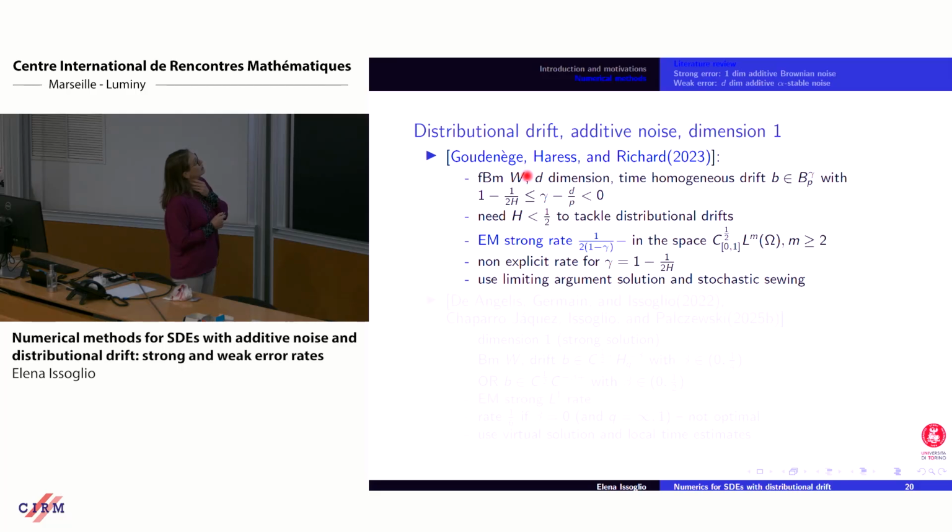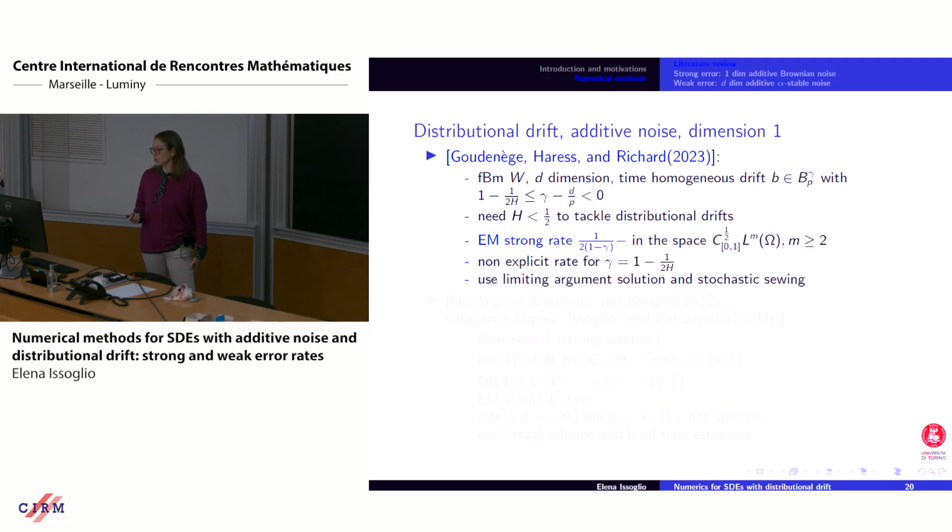And they work in d dimensions because with fractional Brownian motion, you have strong solutions in d dimensions, depending on the Hurst index. If you want to go higher with the dimension, you go lower with the Hurst index. The rougher the noise, the more regularizing effect it has.